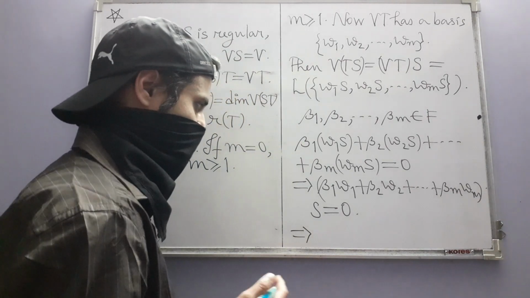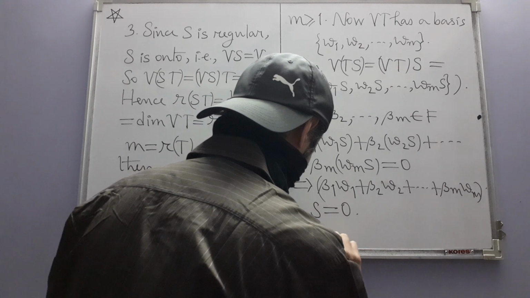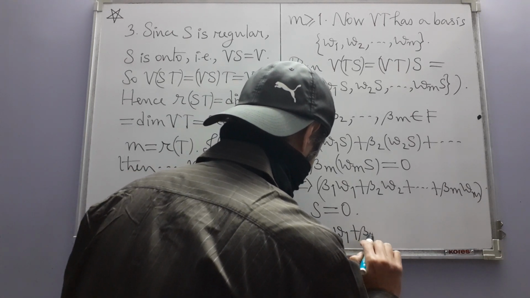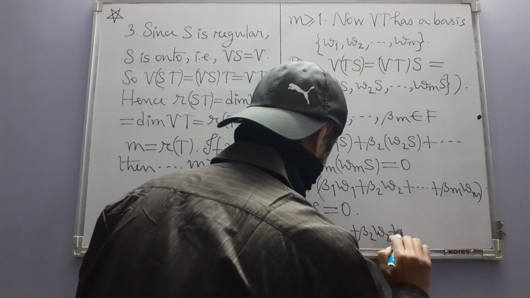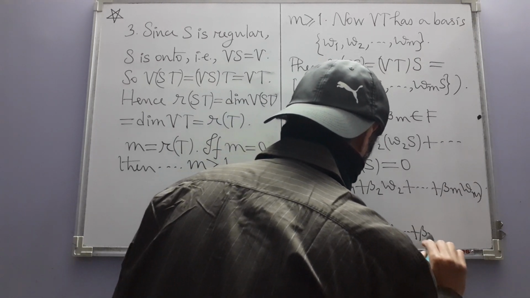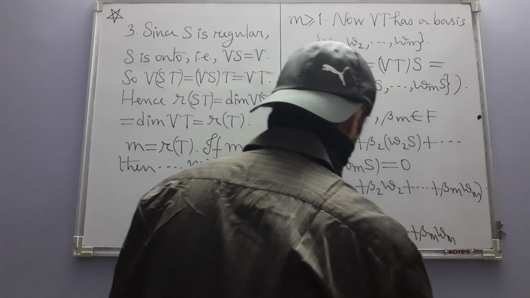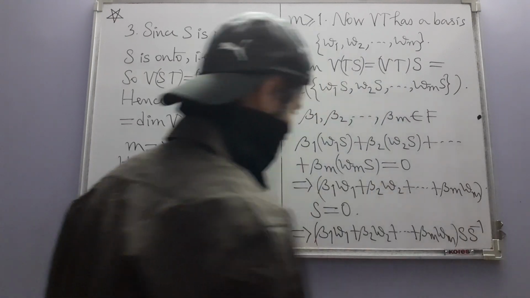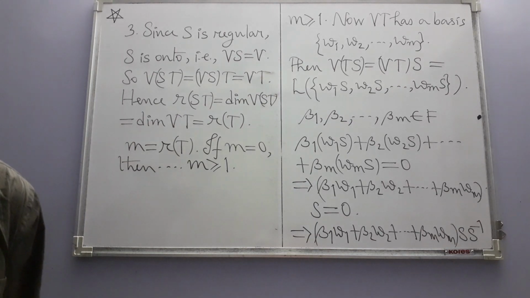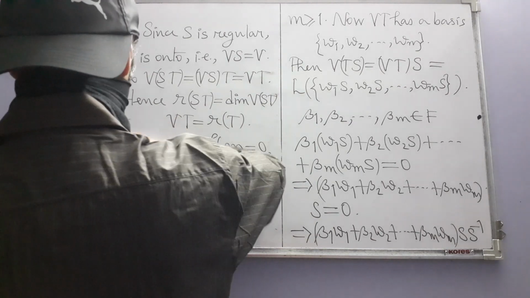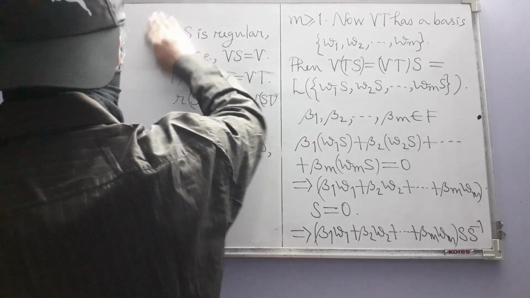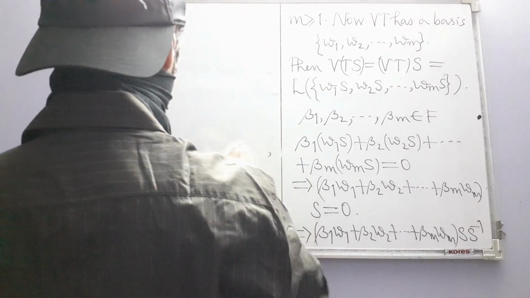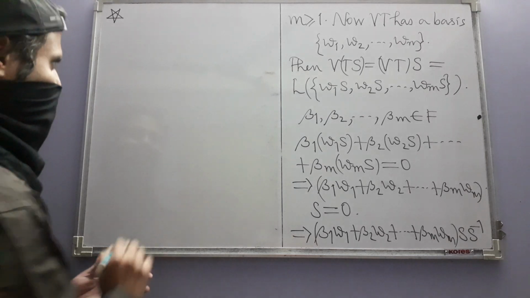So we can apply the inverse on both sides. S inverse of beta_m W_m and so on is equal to the S inverse image of the 0 vector.